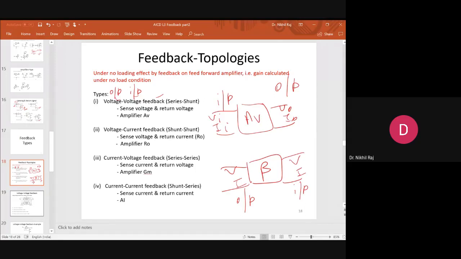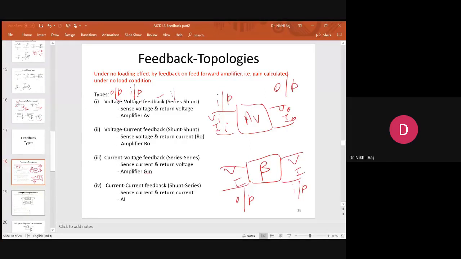Another name for this one is series shunt. In many books you will see the series shunt configuration. In that case, remember the order is reversed: the first is your input and the second becomes your output. So when the feedback network is in the form of voltage feedback, the output of the beta is a voltage and the input is also a voltage.